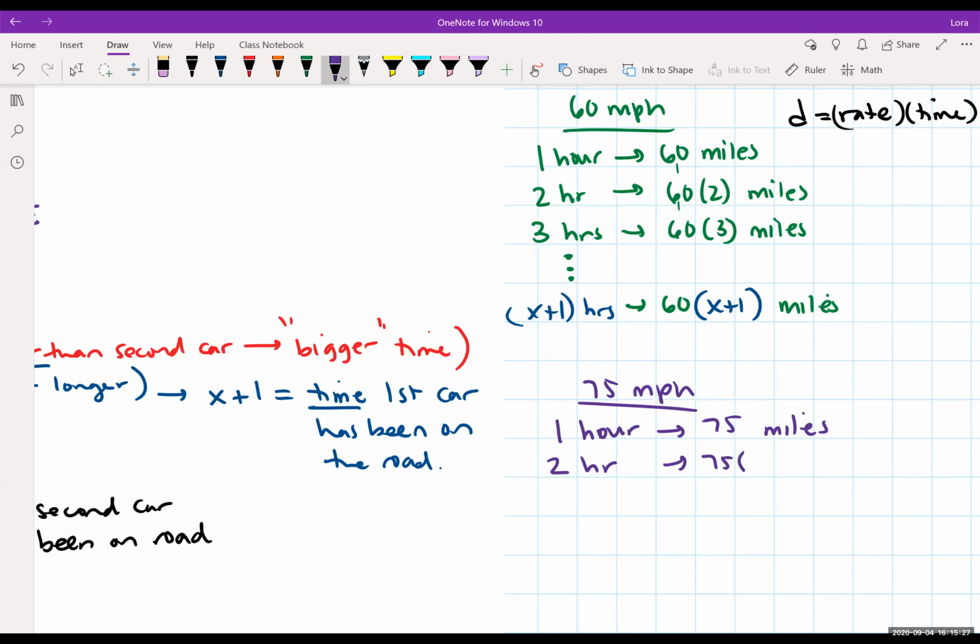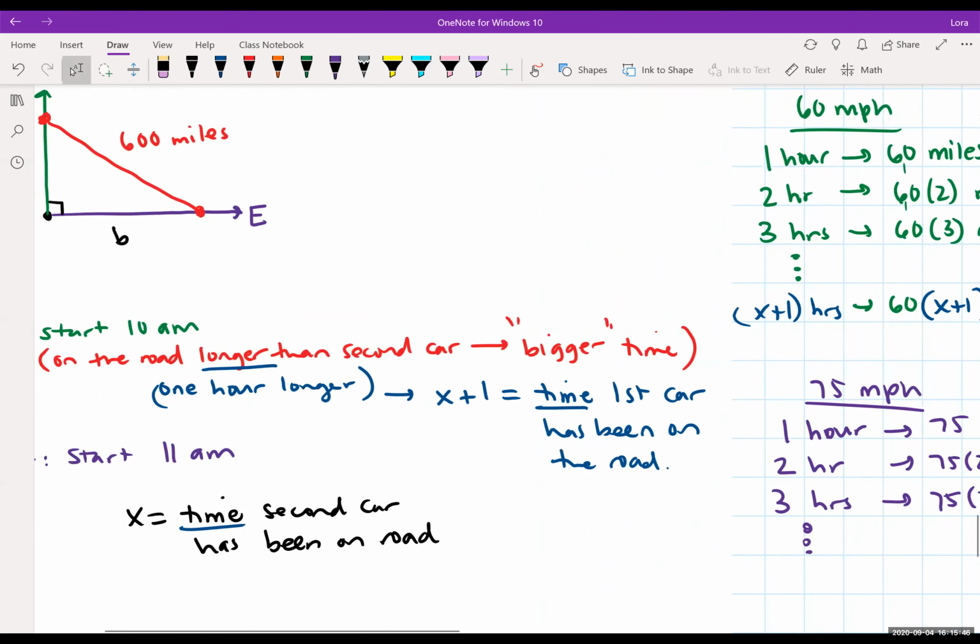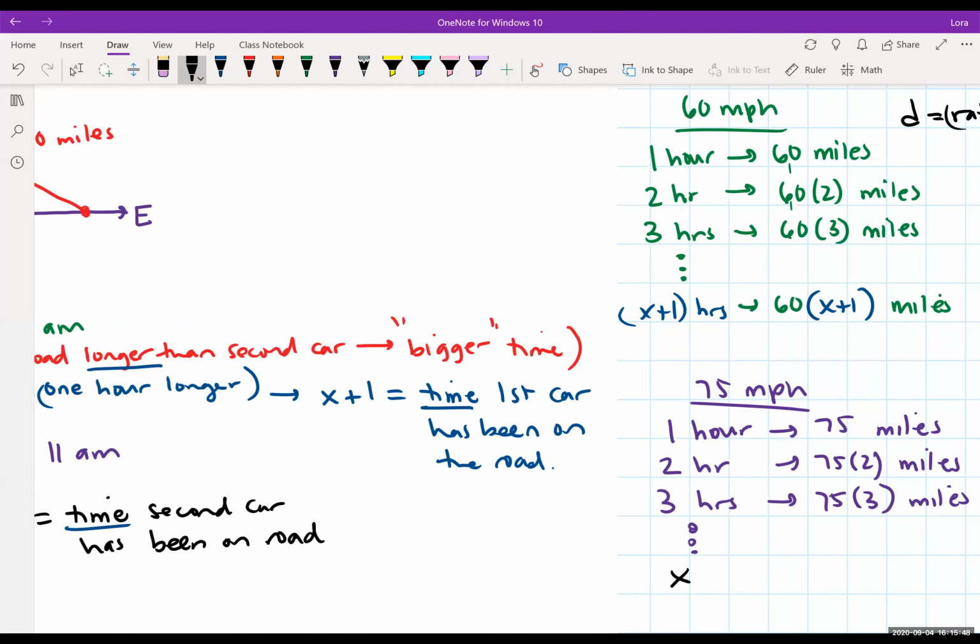That's 75 times 2 miles, whatever that happens to be. 3 hours, 75 times 3 miles, rate times time, right? And then if we're looking at this, it looks like we've gone X miles. It's the unknown. X hours, I should say.